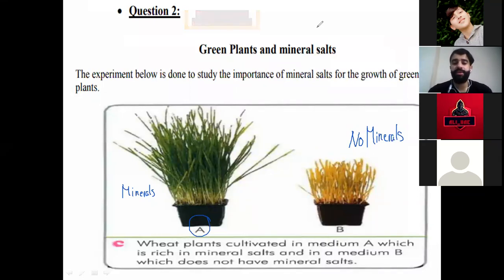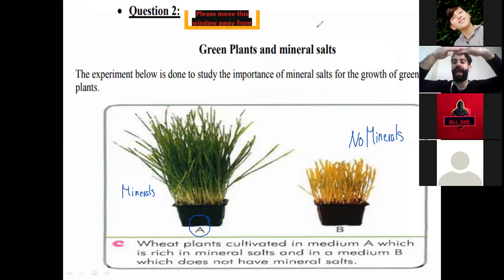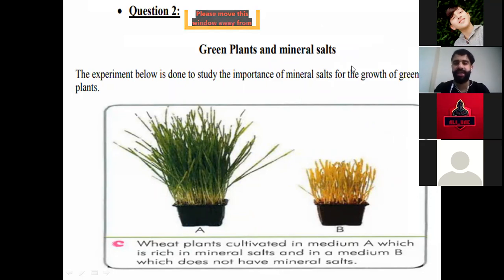And plant B doesn't contain mineral salt. It lacks. Okay, so you have to say plant A that contains mineral salts grows tall and green, while plant B that lacks mineral salt grows short and yellow. Excellent, very good. You have to mention the variable. Very good, Adnan. Thank you.